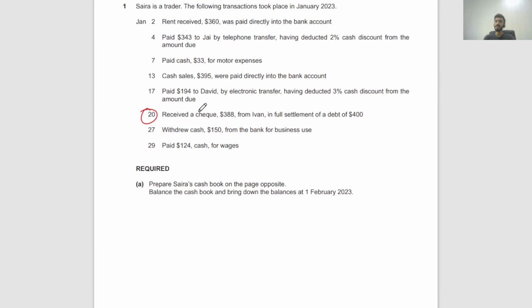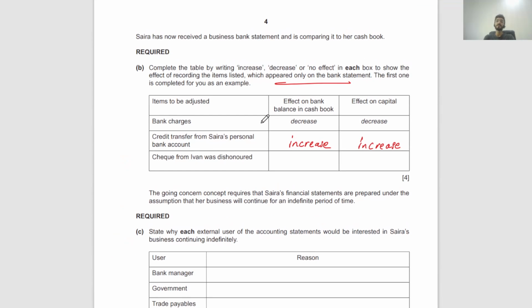Received a check. That means that is our customer. They made us a payment. We allowed them discount, and that was our expense earlier. But now this discount will be reversed. And so our expenses will fall, the profit goes up, the capital also goes up, right?